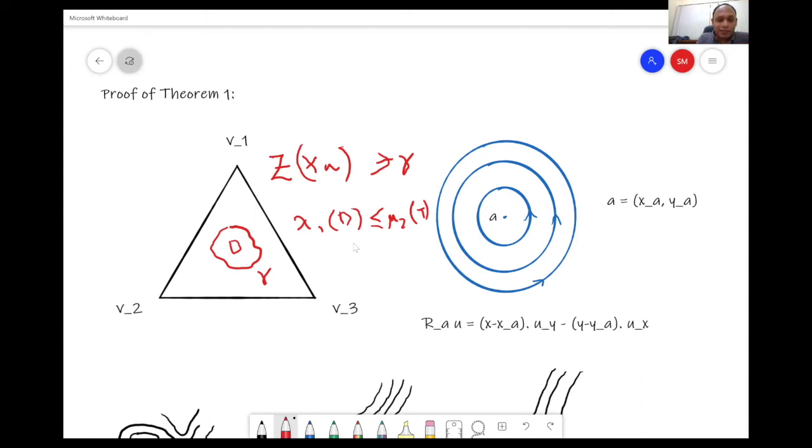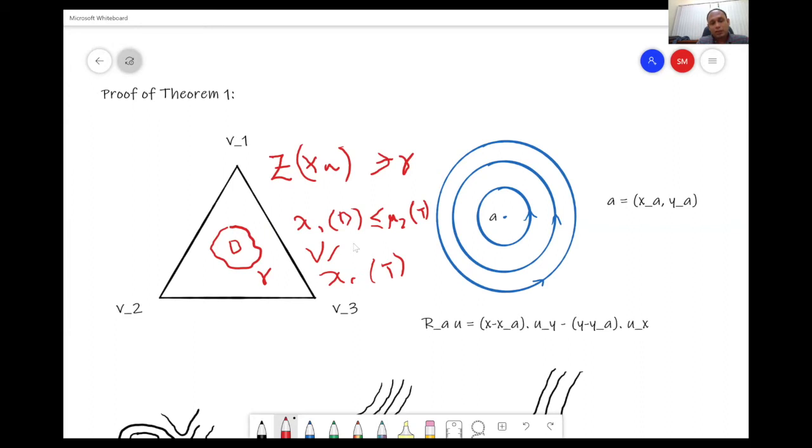Once you have that, then you observe that this D is contained in this triangle. So by the domain monotonicity of the first Dirichlet eigenvalue, what you get is that this number is at least lambda 1 of T. And there you get a contradiction.